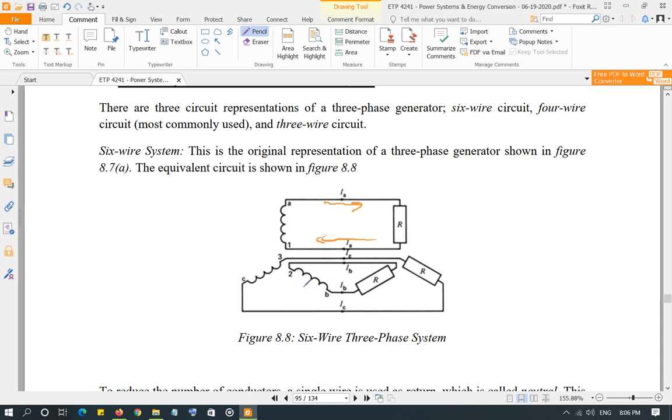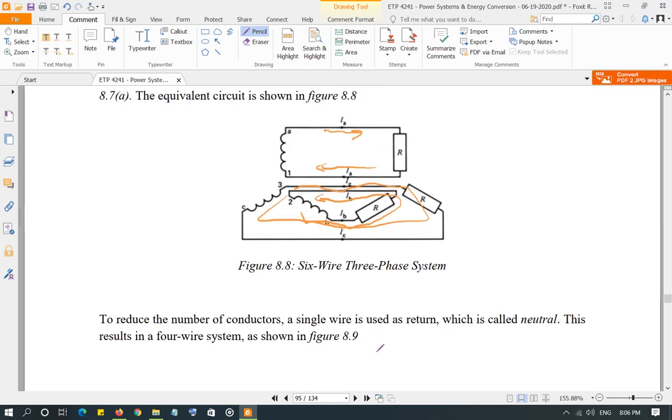Likewise, you have phase B, current is going towards the load and then coming back to the induced coil, and phase C like this, right? So this is a three-phase six-wire system, not very commonly used.